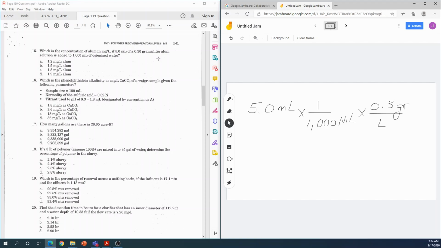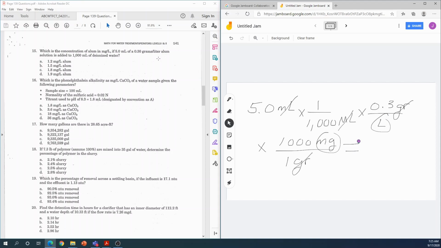So now these milliliters are going to cancel. We have 0.3 grams per liter. But now we need to convert the grams into milligrams. So in 1,000 milligrams, there's 1 gram. So now milliliters cancel milliliters, grams are going to cancel grams, and we're going to be left with milligrams per liter.